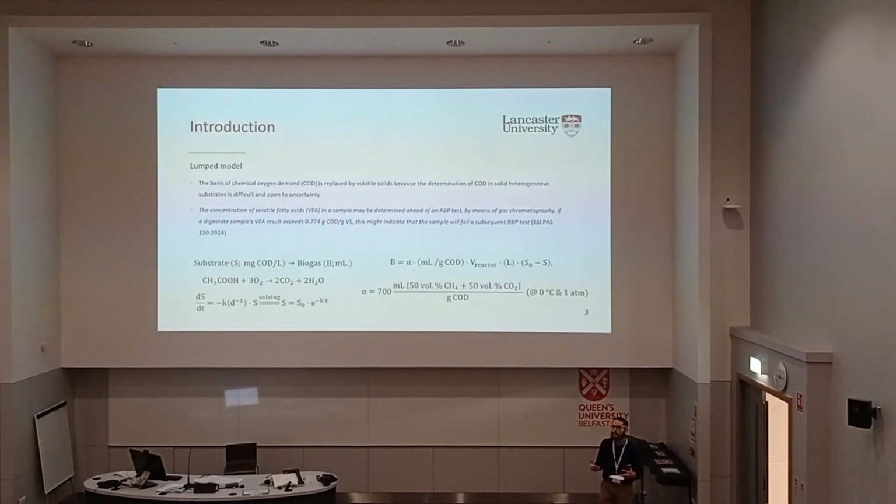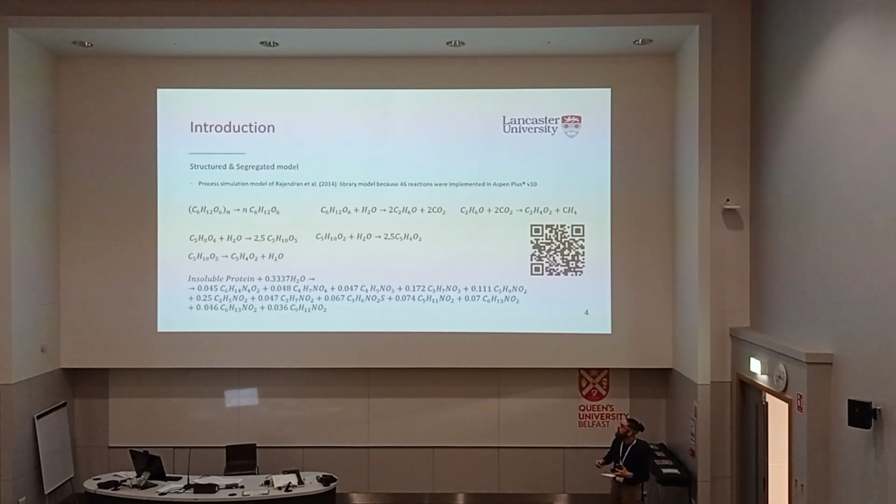However, as we are going to deal with a complex stream with several elements, it's difficult for us to use this kind of model. So we use a more specific approach, and we take advantage of a previous model from Rajan et al. For instance, this model, you can see here, includes the starch or the cellulose breaking down to glucose, then fermentation to ethanol, then the ethanol reacts with CO2 to produce acetic acid.